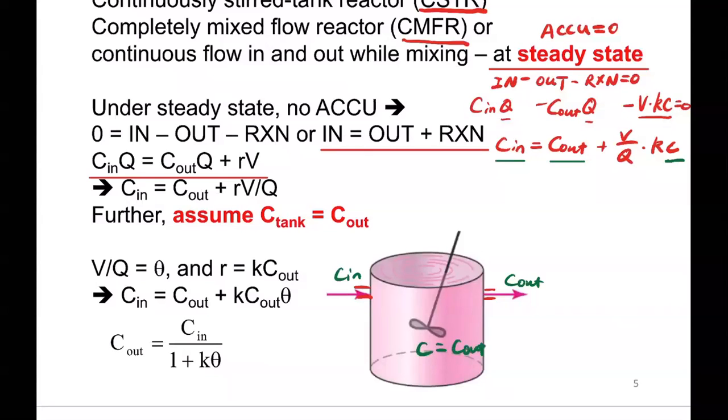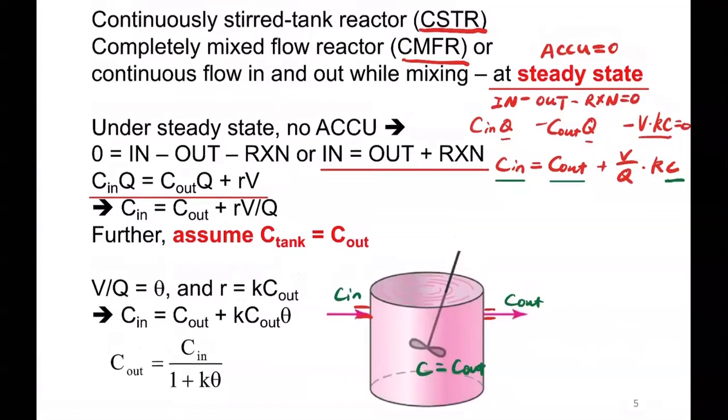Okay, so this is the assumption we make for the CSTR. The first one is we assume that this is under steady state. The second one is that C is equal to C out, right? Which makes sense because if everything is well mixed, then the concentration at the outlet should be close to the concentration of the species within the tank. But I would say this is still a too idealized assumption, right?